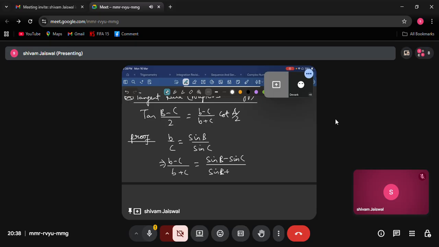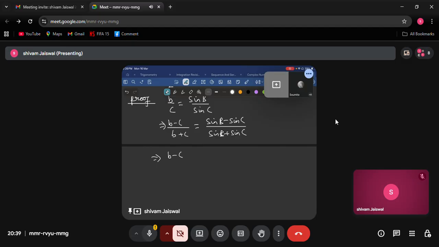Shwamita, what is sine B minus sine C? 2 cos (B plus C) by 2 into sine (B minus C) by 2, divided by 2 sine (B plus C) by 2 into cos (B minus C) by 2.